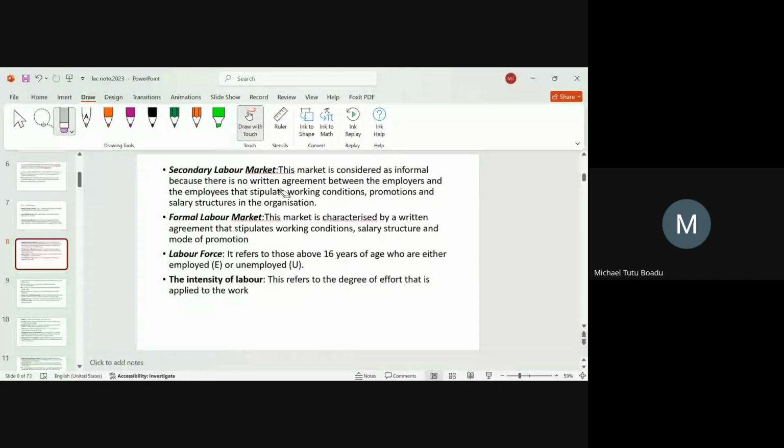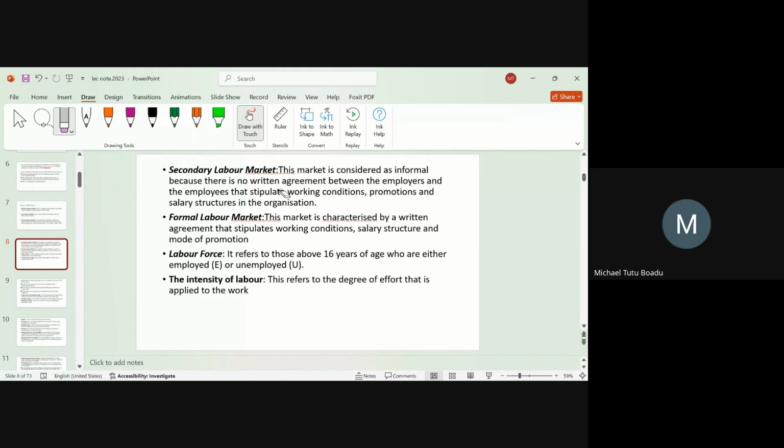You go and carry blocks, you go and carry whatever, and then you get your money, you go your way. There's no well-defined structure or any proper arrangement that defines your responsibility, your salary structure, how we are going to increase your salary over time, your working conditions, how you are going to be promoted. You don't see some of these structures in the secondary labor market.